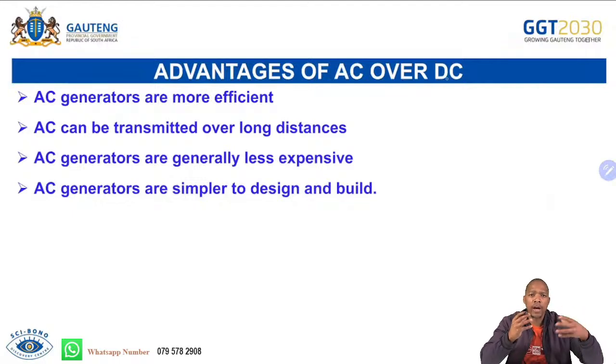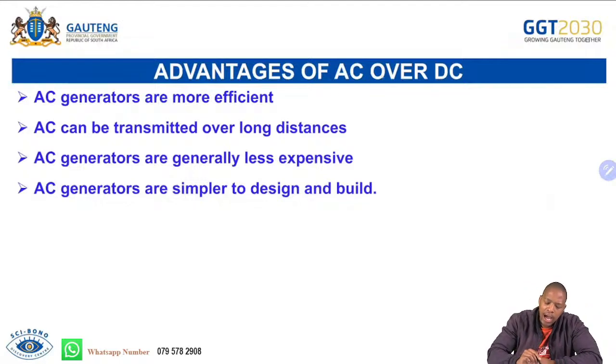A transformer has to be used where it's going to be stepped down, to the 230, 240 that is allowed in our household. But the big idea there is that it is easily transmittable over a long distance. Unlike DC, it is extremely difficult to do that for DC. So that's one advantage there.